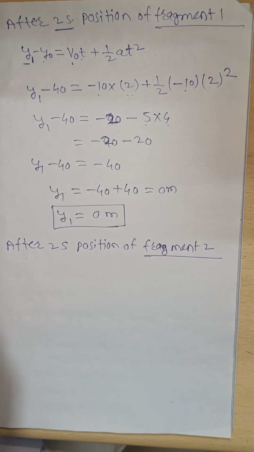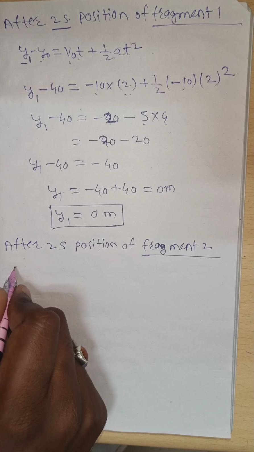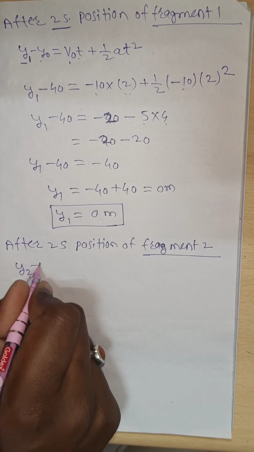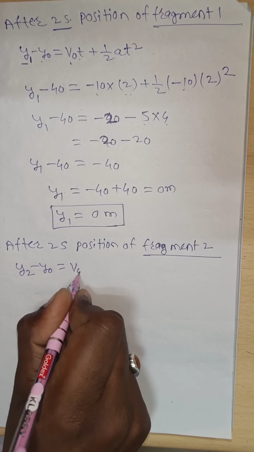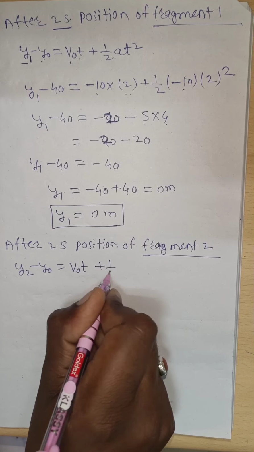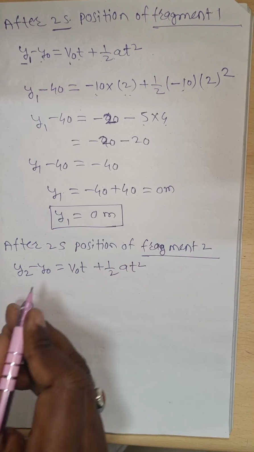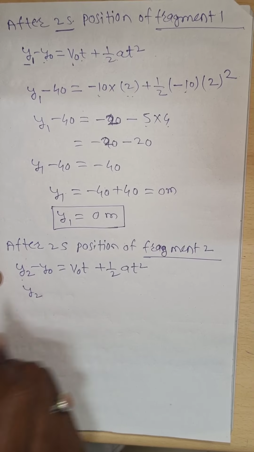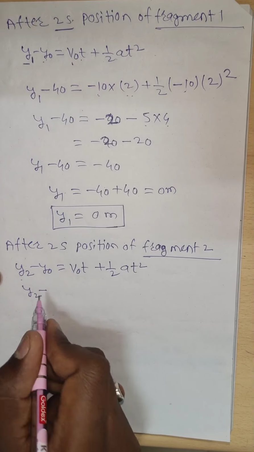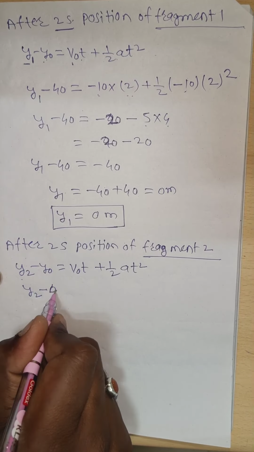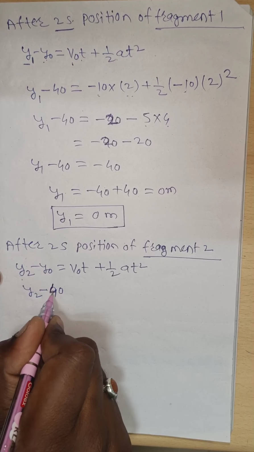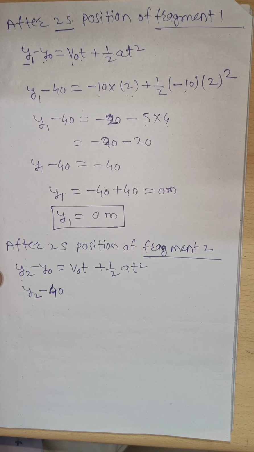After 2 seconds the position of fragment 2, using the same equation, y2 minus y naught equals v naught t plus half a t square. The second fragment position is y2 minus the initial position, which is 40 meters, since initially both fragments are at a height of 40 meters.